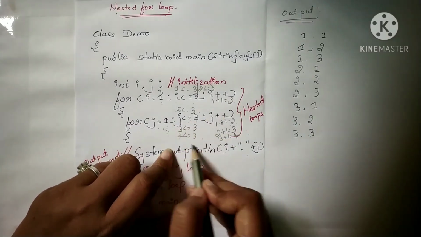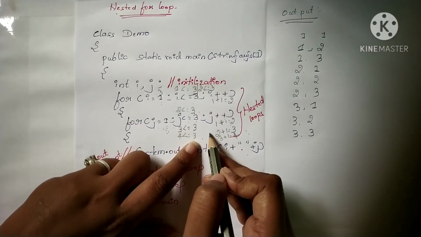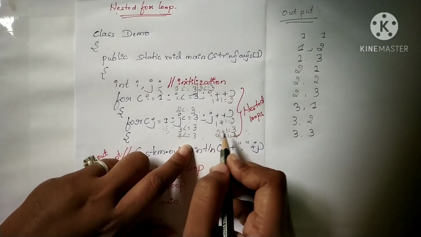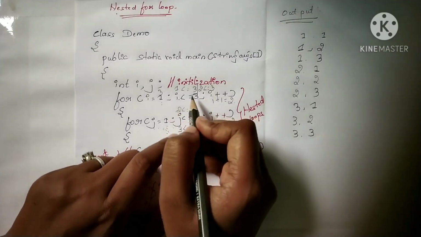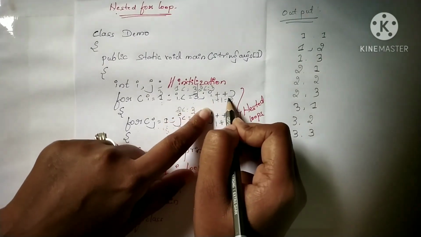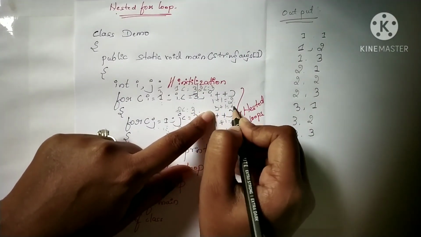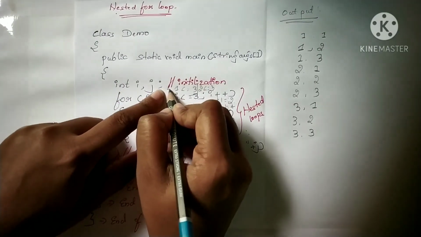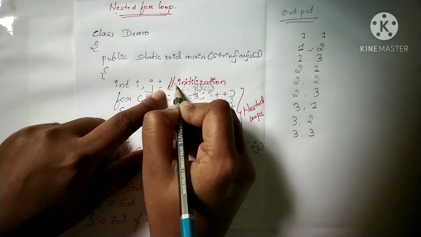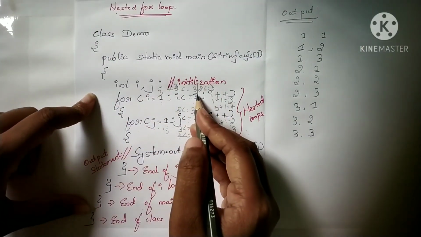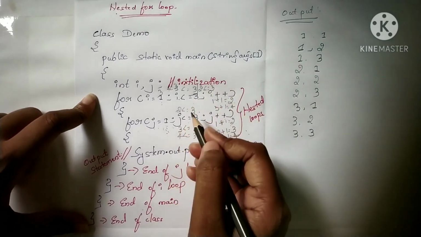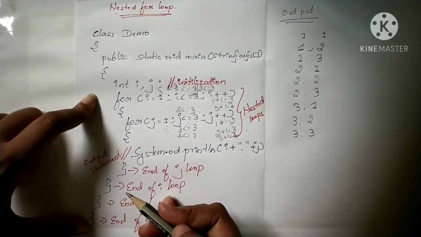Then the for loop becomes false, then i is incremented as 3 plus 1 equal to 4, then 4 is less than or equal to 3, the for loop will be false, then it comes out of the loop.